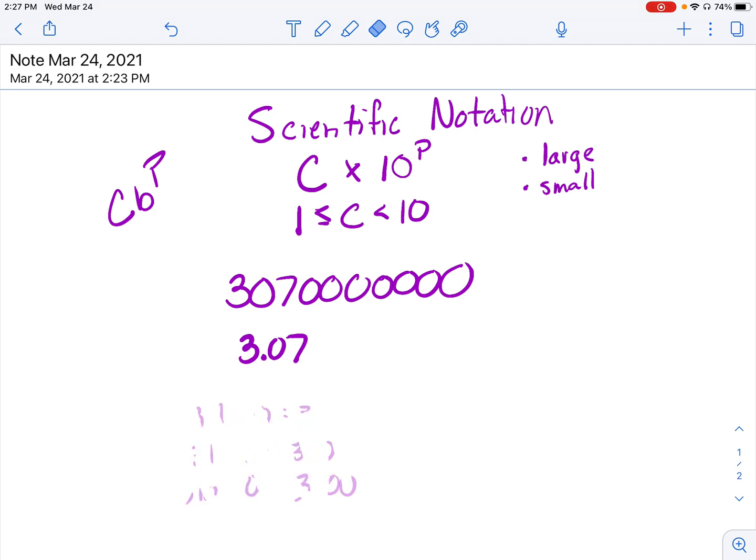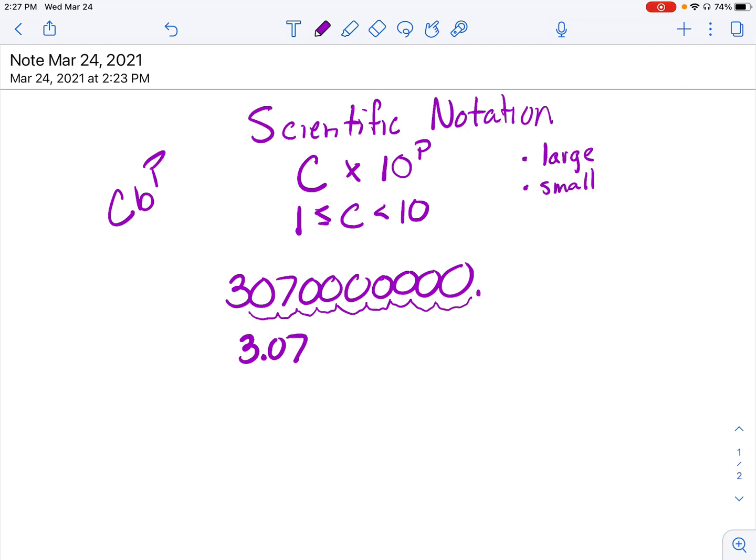So we say, if I compare this number, that is between 1 and 10, to the actual number, how many places does the decimal need to be moved? How many powers of 10 are there? So the difference is going to be 1, 2, 3, 4, 5, 6, 7, 8, 9. The virtual decimal would be there for this 307. What is it? 3 trillion? I'm not even going to count.